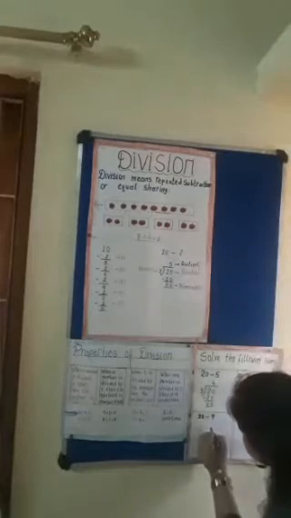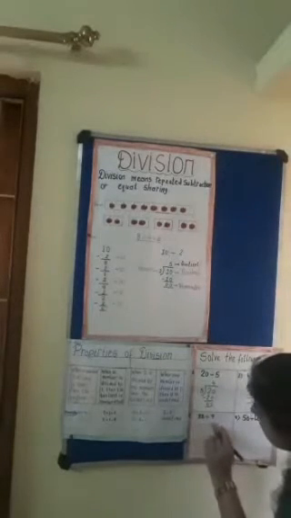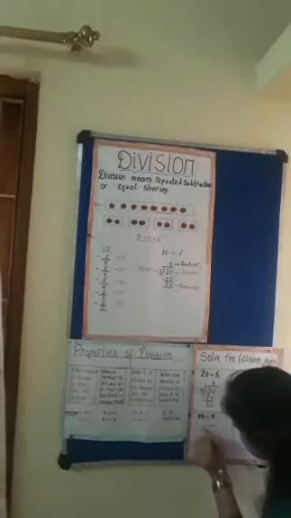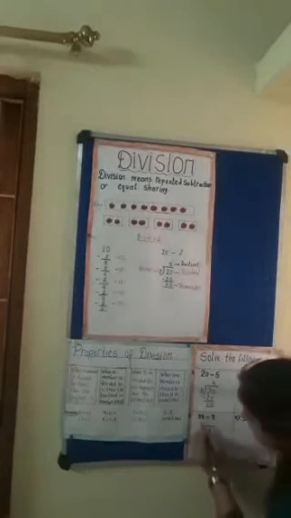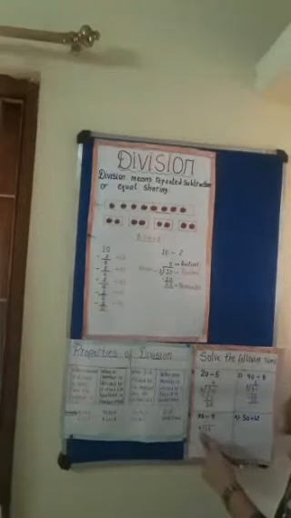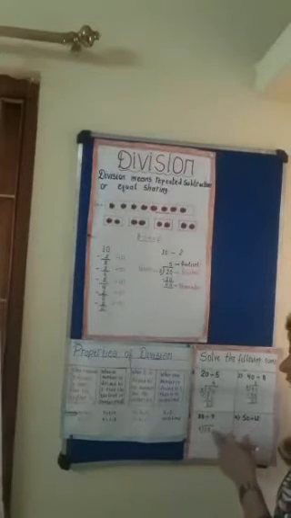Third sum, 38 divided by 9. Here dividend is 38 and divisor is 9. So we will say the table of 9. 9 1 ja 9, 9 2 ja 18, 9 3 ja 27, 9 4 ja 36, 9 5 ja 45. In the table of 9 we have not got 38.